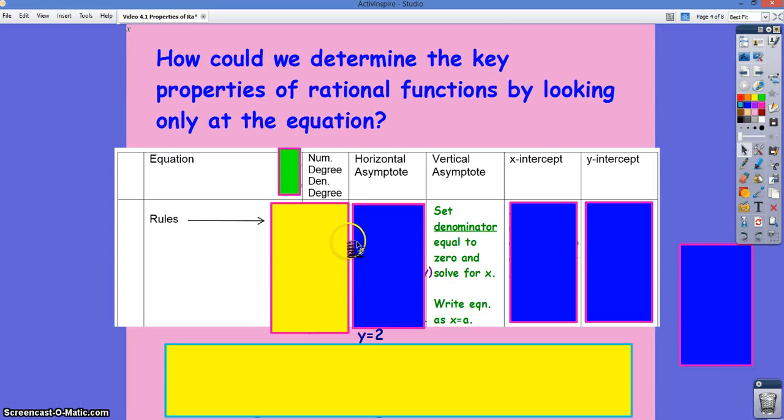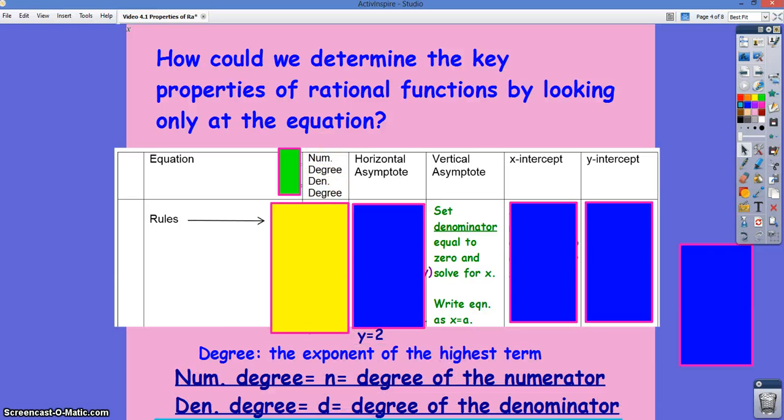Okay. How do we find horizontal asymptotes? Well, the horizontal asymptote is dependent on 2 things: the degree of the numerator and the degree of the denominator. Okay. And if you're wondering what degree means, the degree is the exponent of the highest term.